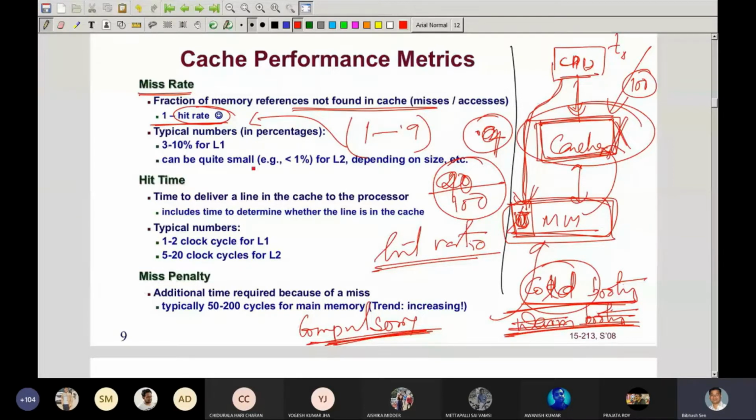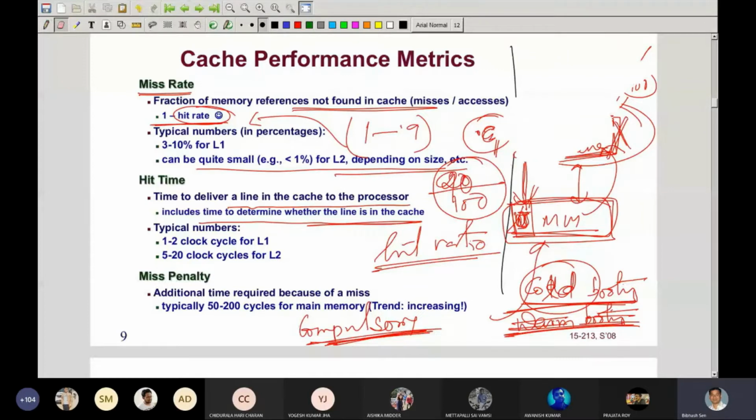So the typical number in percentage can be quite small depending on the size of the cache. Again, the size of the cache is very important. Hit time is the time to deliver a line in the cache to the processor, and includes the time to determine whether the line is in the cache. So whenever you are searching for a page, you have to search in the cache, and during the searching it may happen that you do not get the page.